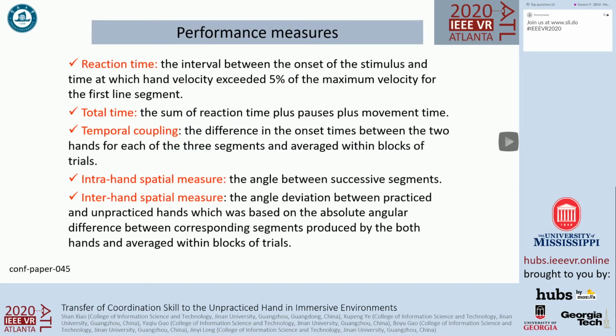The performance measures. First is the intra-hand temporal measure, like the reaction time and total time, and then the inter-hand temporal measure, like the temporal coupling. The third one is the intra-hand spatial measure, and the last one is the inter-hand spatial measure.